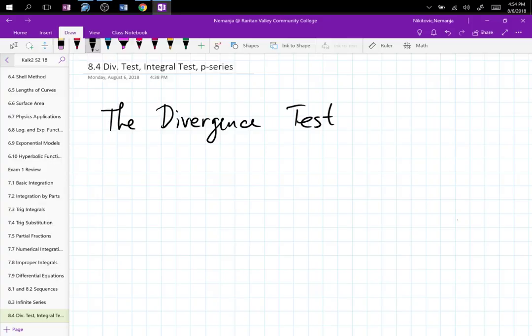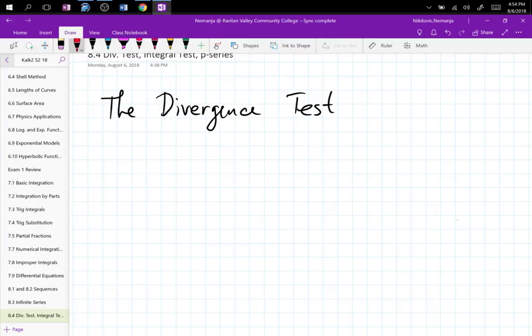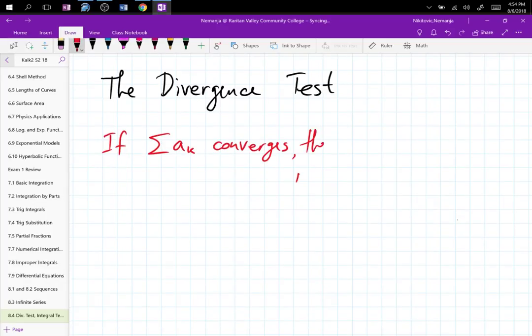And the theorem is very simple for this one. If series of AK converges, then limit of AK as k goes to infinity is 0.